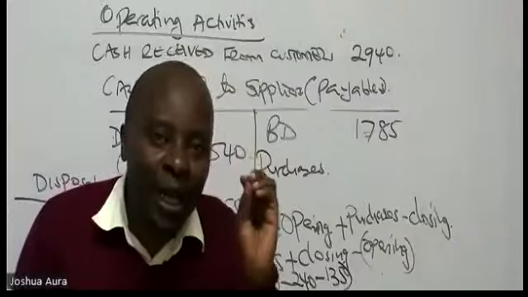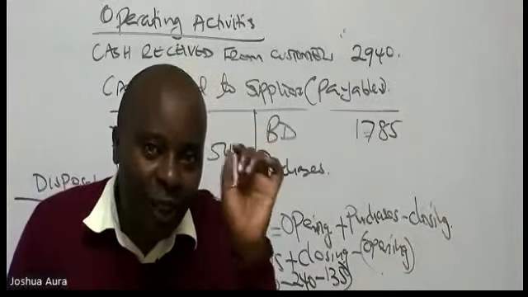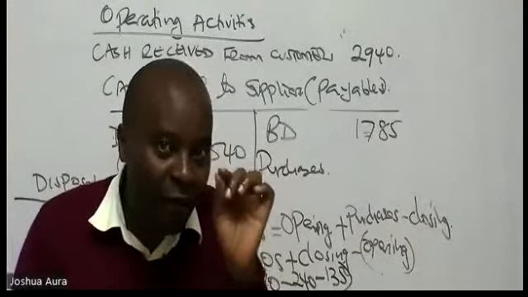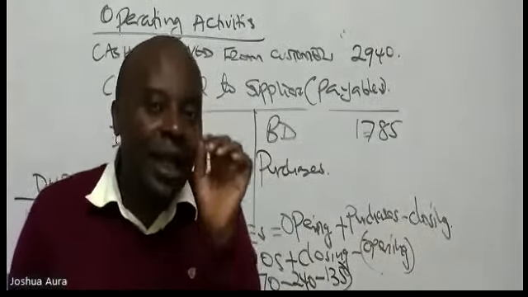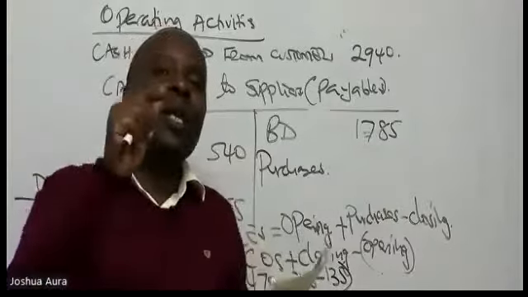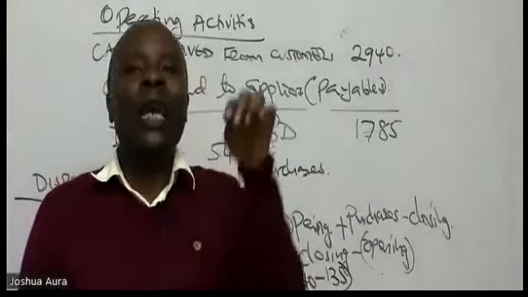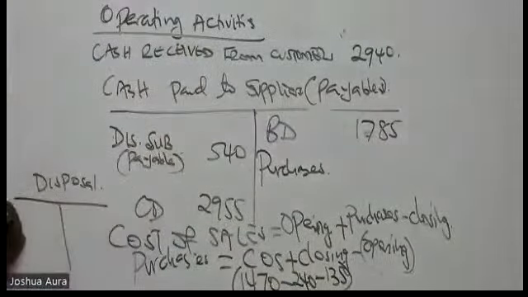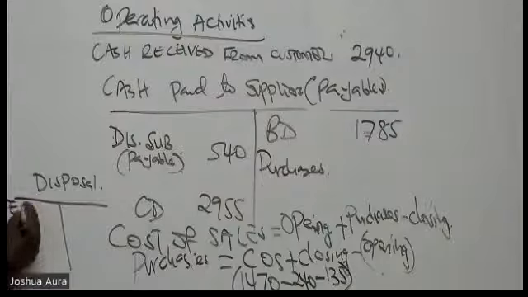You go to the PPE account and credit with the disposed asset's carrying value. Then this carrying value that you've removed from the PPE, you take it to the disposals account and debit there. So we have here PPE disposed, the carrying value is 885.